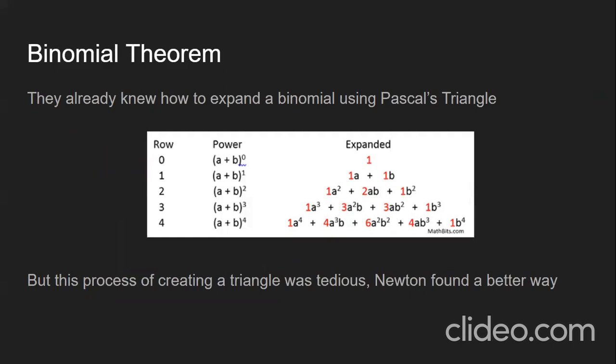So the coefficients, if you add up the ones above it, you get the next coefficient. People were expanding binomials using Pascal's triangle, but it was tedious, and Newton found a way to write an equation for this, and it also works for negative exponents and powers that are fractions, like radicals.